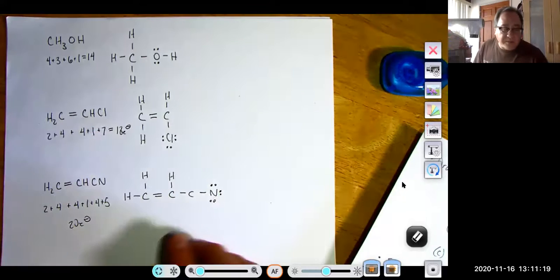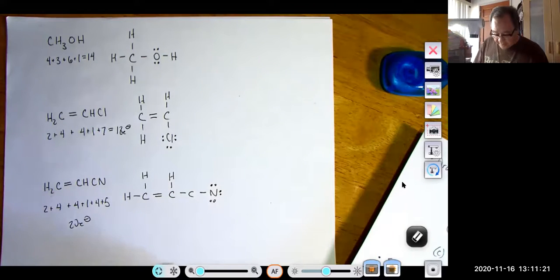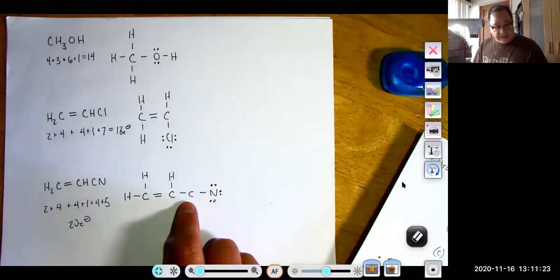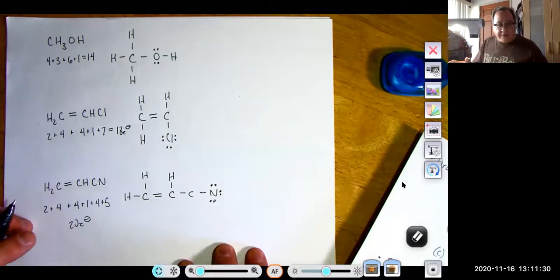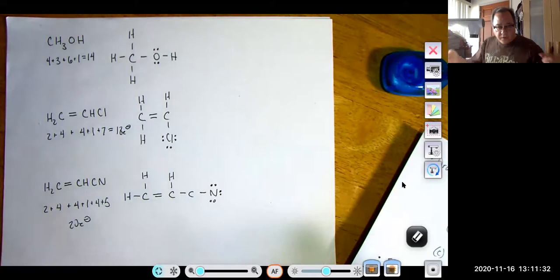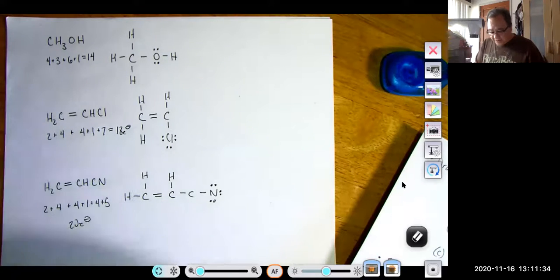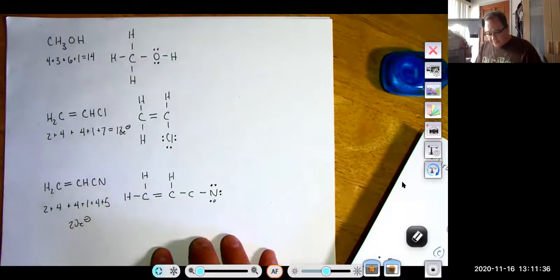Now, why do I put them on the nitrogen instead of the carbon here when this carbon does not have an octet? And the answer is, when you're putting lone pairs onto these things, you always put them on the surrounding atoms first before you put them on the central atoms. So this is what we have to go for.